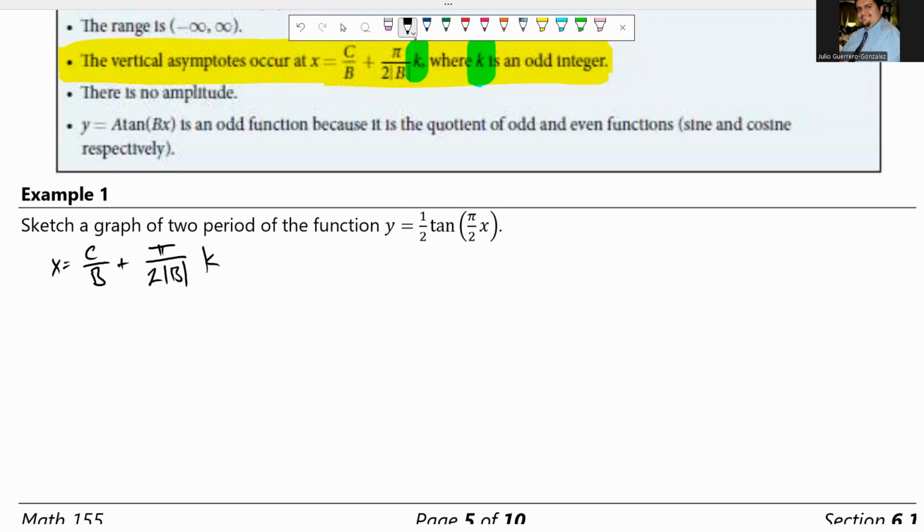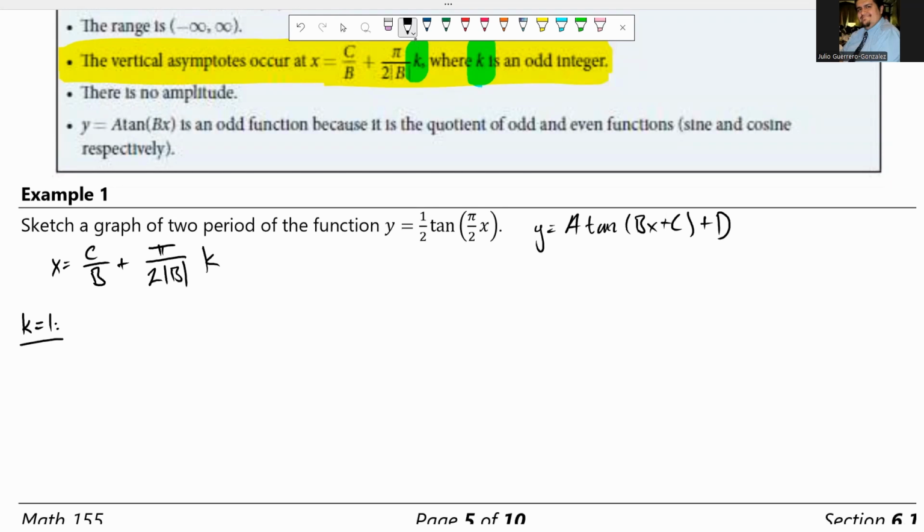So I'm going to choose some values. I'm going to start with K equal 1. 1 is the very first odd value, right? If you take a look at this, this is already y equals A times some tangent of bx plus c, plus d. Okay, we're getting there.